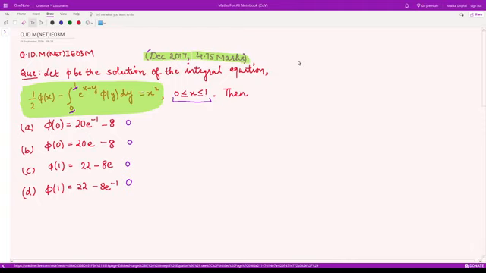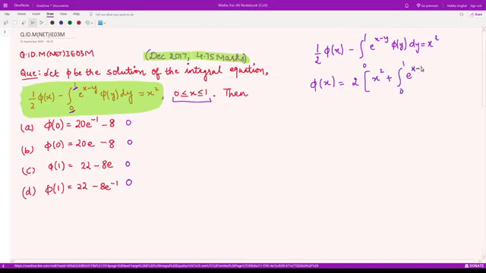Let us get started. So let the equation 1 upon 2 phi of x minus integration from 0 to 1 e to the power x minus y phi of y dy is equal to x square could be rewritten as phi of x is equal to 2 multiplied by x square plus integration 0 to 1 e to the power x minus y phi of y dy, right?